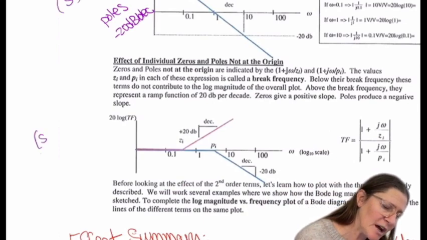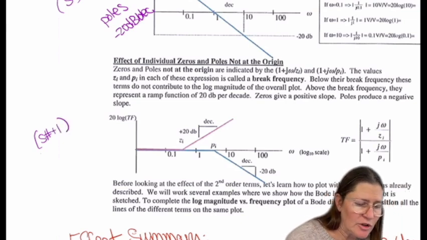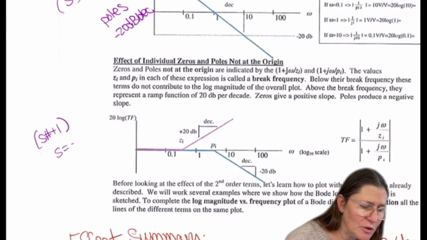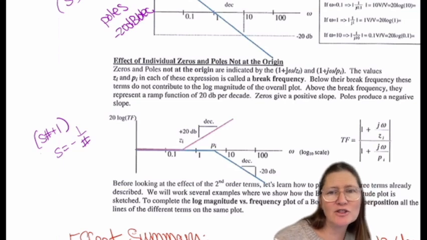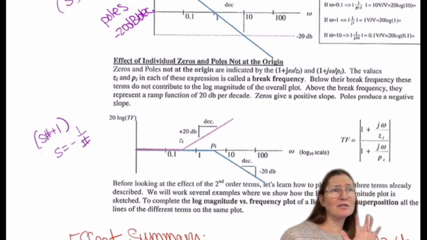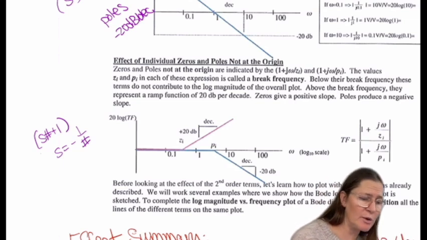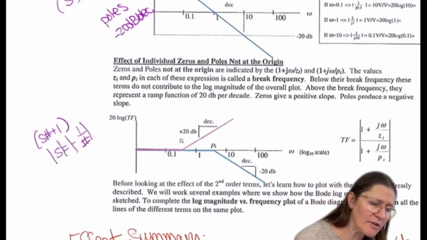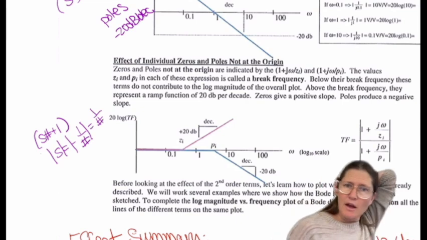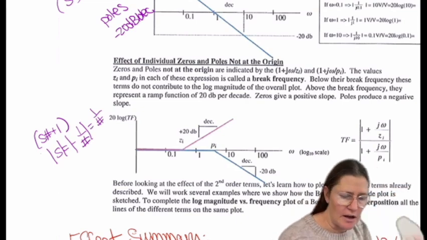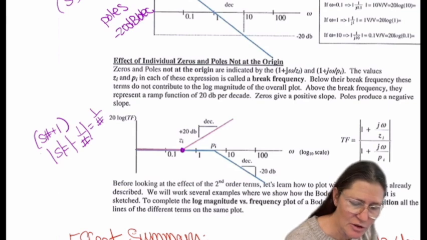This one is when we have an s number plus 1. For s equal to negative 1 over a number, the negative just means it's stable or not. That has to do with our phase. We're always looking at the magnitude of this, so it's just going to be 1 over some number, and that number corresponds to a point.